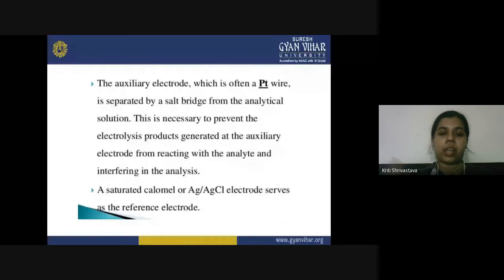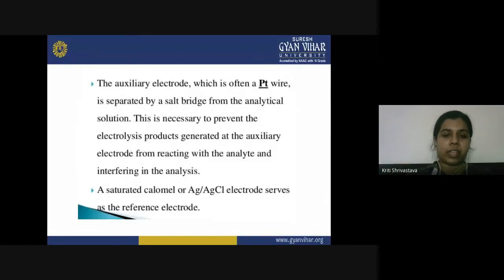Apart from the working electrode, we also have an auxiliary electrode, which is generally a platinum wire, separated by a salt bridge from the analytical solution in the electrochemical cell. We use this to prevent the electrolysis products generated at the auxiliary electrode from reacting with the analyte and interfering in the analysis.